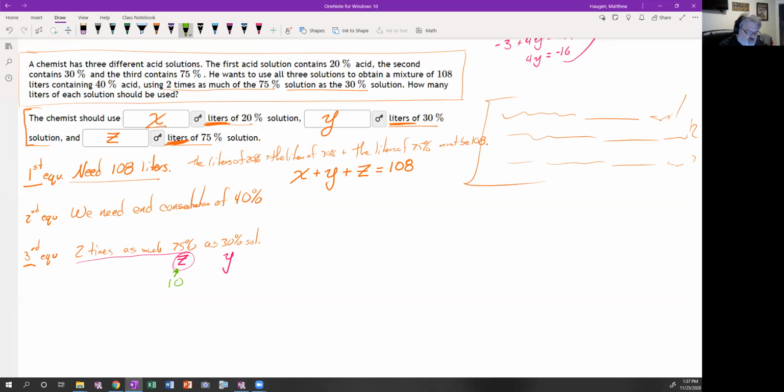Well, if there's twice as much of this as this, then you'd only have 5 of Y, right? 10 liters of Z and 5 liters of Y would make twice as much Z as Y. So to make them equal, yeah, that Z has to equal 2Y. So just be careful about that.